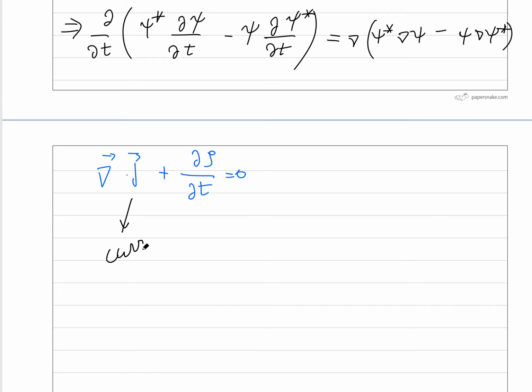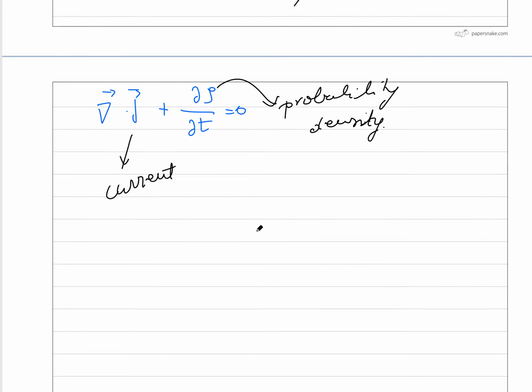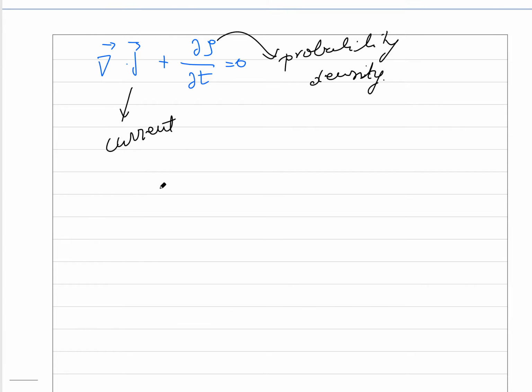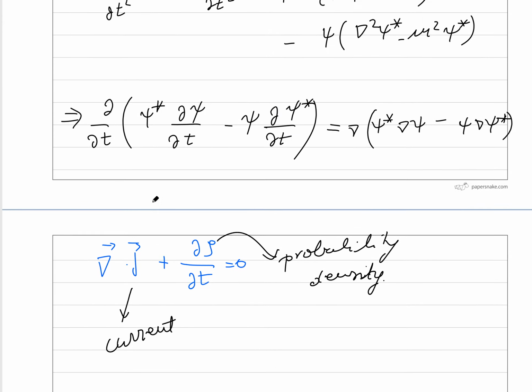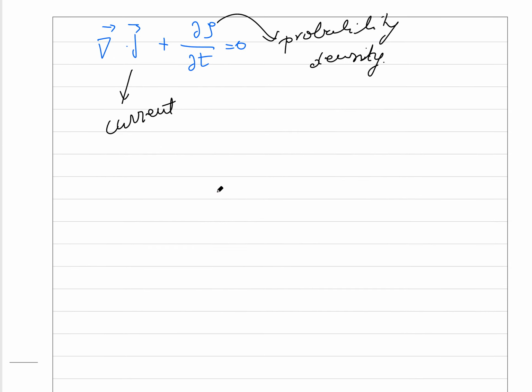So here is the probability density. Now when you compare these two equations, you find here you have del, here you have del, and here you have partial of t, here you have partial of t, and here you have the probability density.